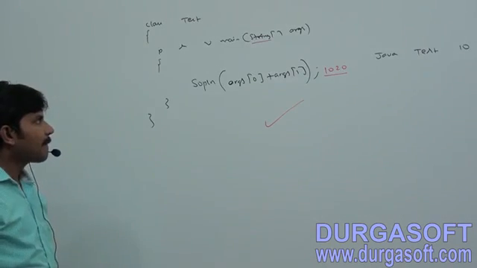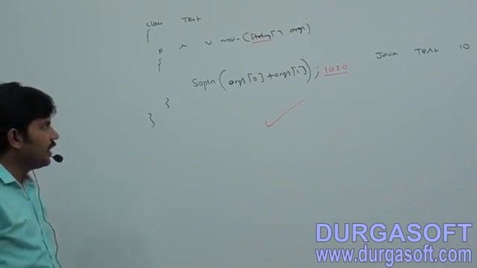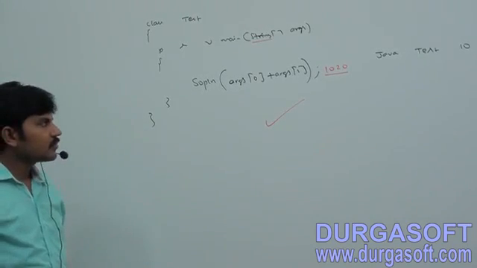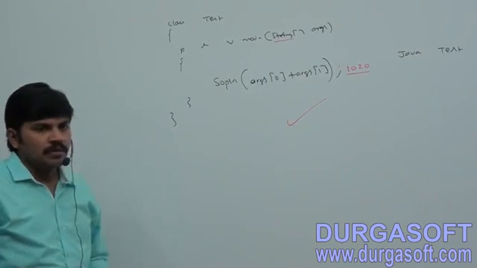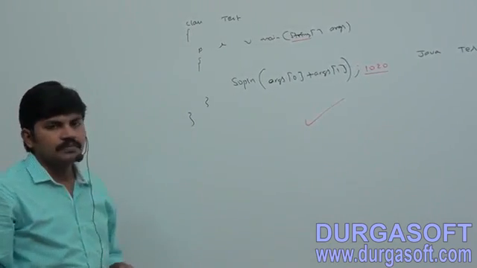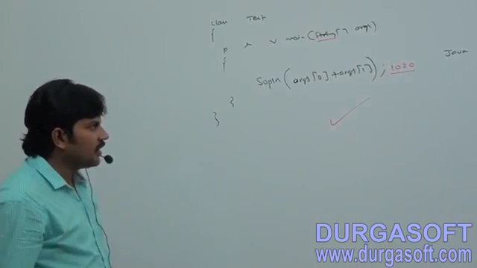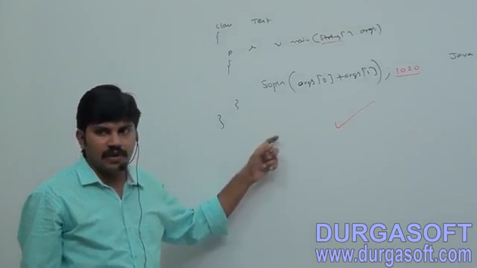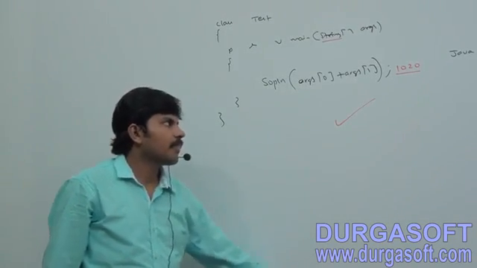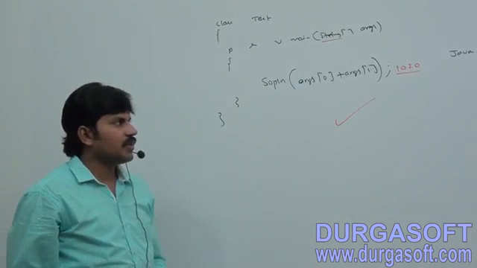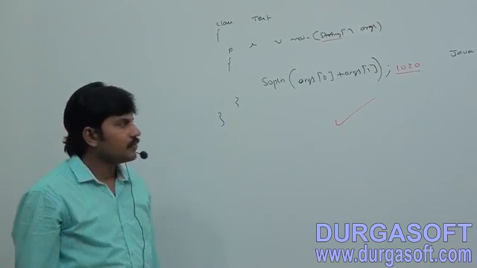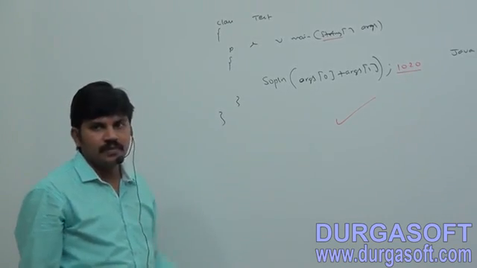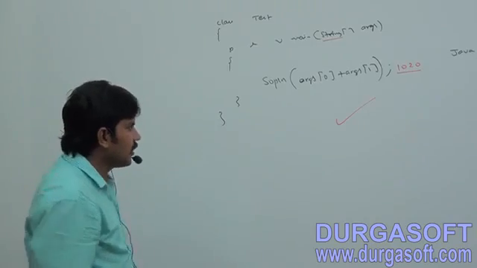Class test, public static void main string array args, SOP of args of 0 plus args of 1. The answer we are going to get is 10, 20, like this. Is it clear for all of you, right? Java test 10, 20. So for that, the output we are going to get is 10, 20. Okay, this is case 3.